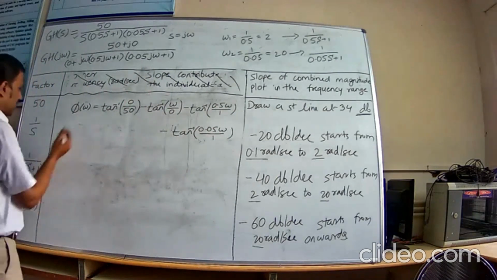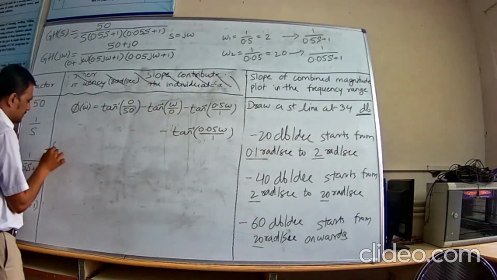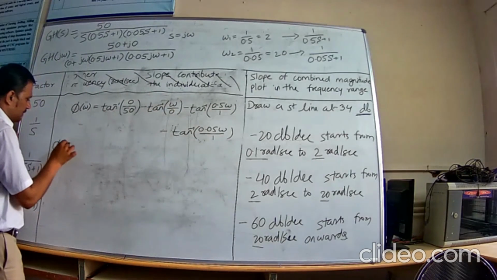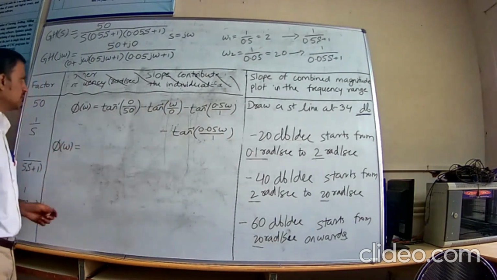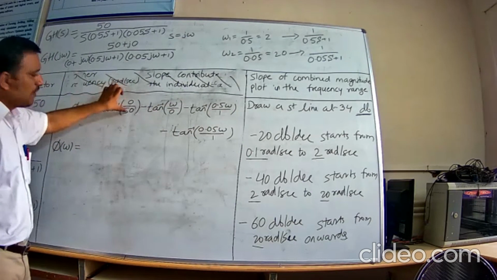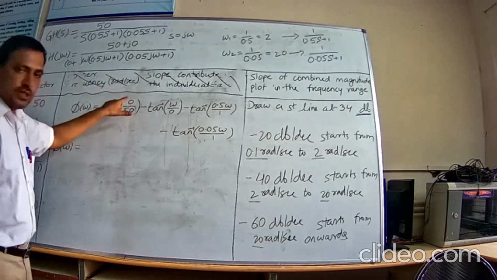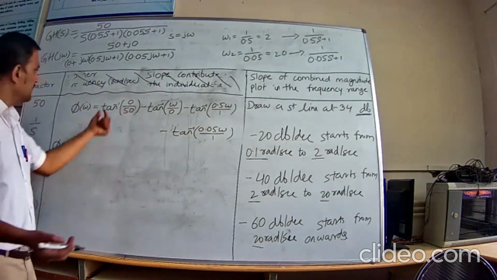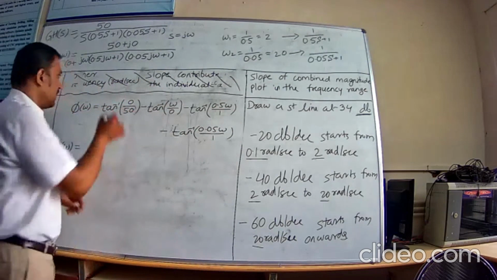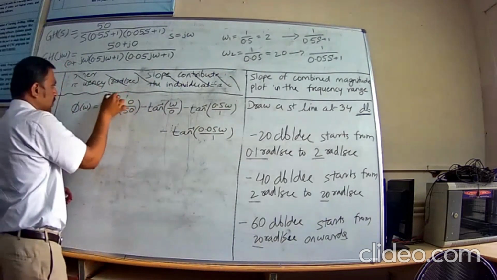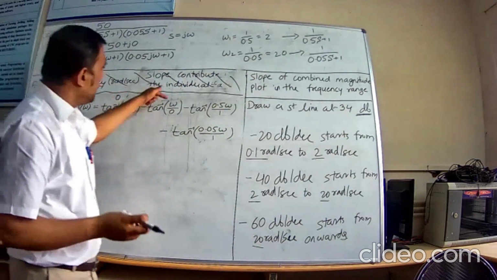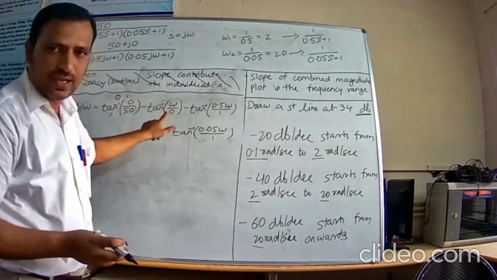After writing the phase angle equation, we can make some corrections here. That is phi of omega is equal to, see here, 0 divided by 50. 0 divided by anything is 0, hence tan inverse of 0 is 0. This total term will become 0. Next, anything divided by 0 is infinity.